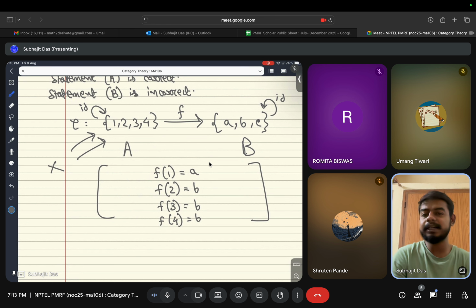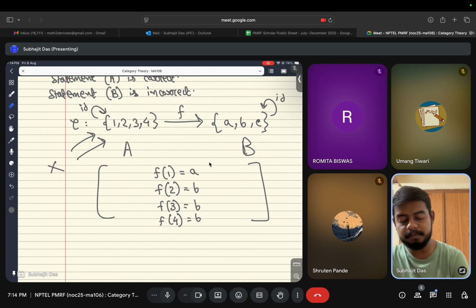But you can never produce two maps from X to A, because the only maps in the category are the identities and F itself. So the point is F is vacuously a monomorphism and F is vacuously an epimorphism.